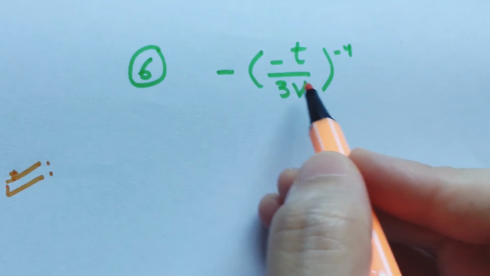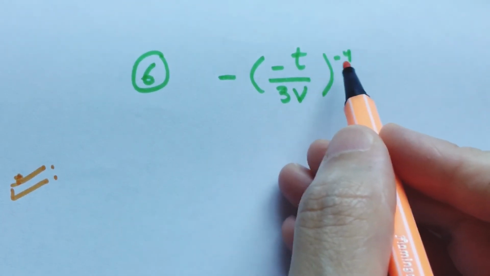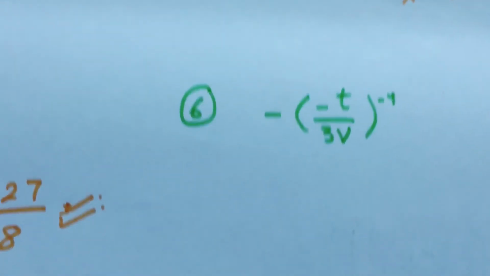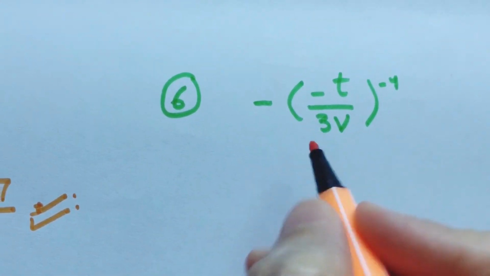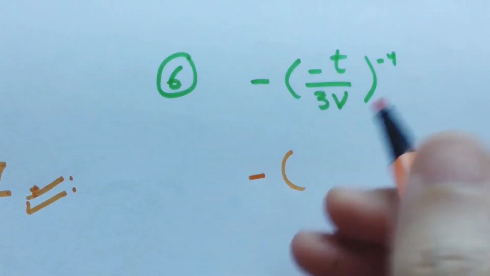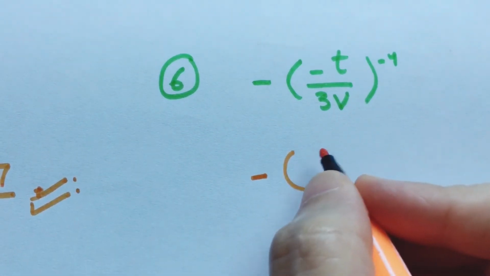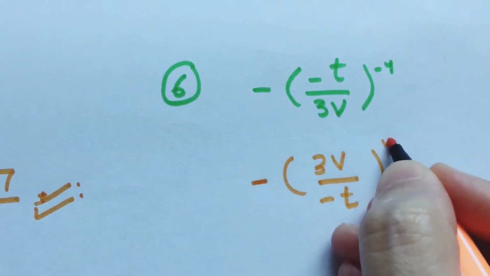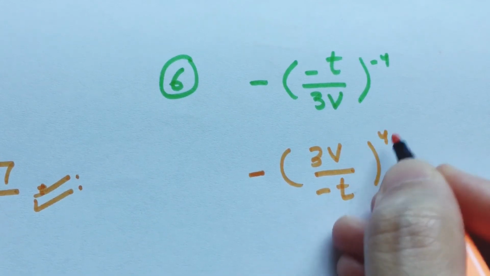Okay, let's see question 6. Negative, all to the power of negative 4, negative t over 3b all to the power of negative 4. So I will keep the negative outside. I will do the same thing I did before. I will flip the two terms, so it will be 3b over negative t all to the power of 4. Why? Because I want to change this to positive.